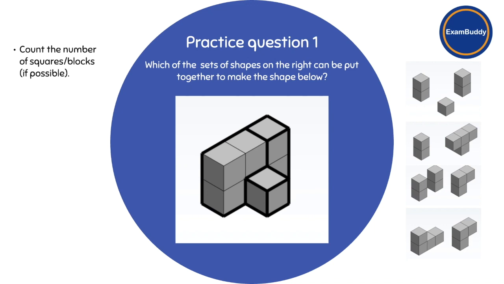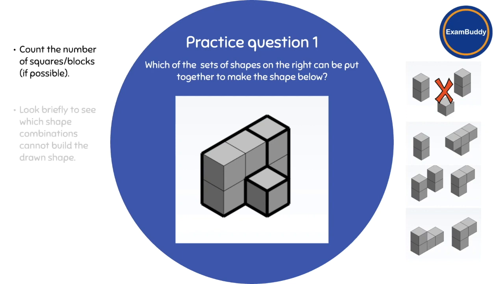Count how many blocks or squares you can see, if this is possible in the exam. So we can see that there are 6 visible blocks, and possibly a 7th block behind the protruding block at the front. So going through our answers, we look to see which answers don't have 6 blocks. That lets us eliminate the first answer.